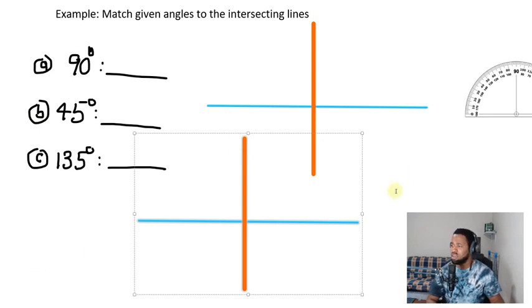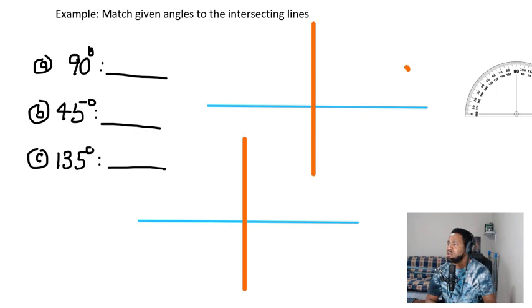So in this case, to show that, first, let's get this out of the way. Let's erase this. And first, let's show that this angle here is 90 degrees.